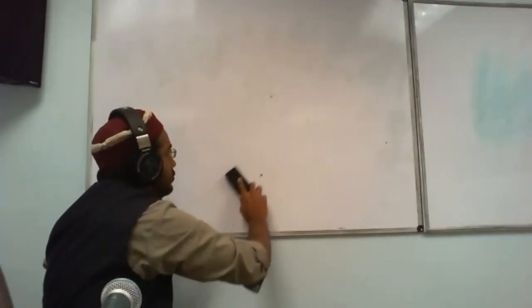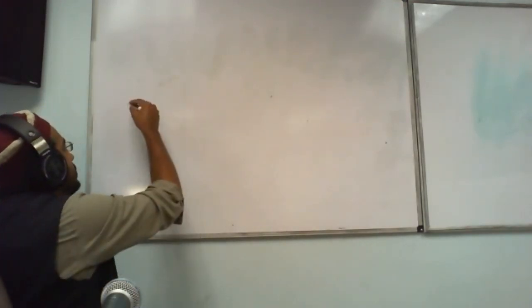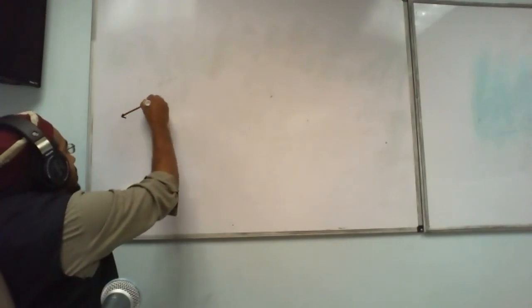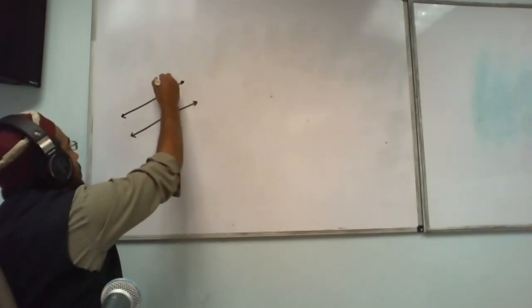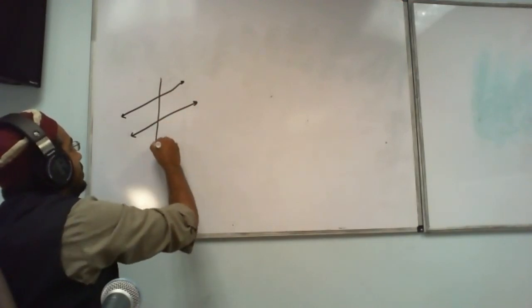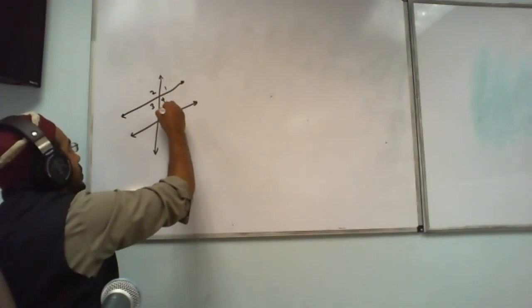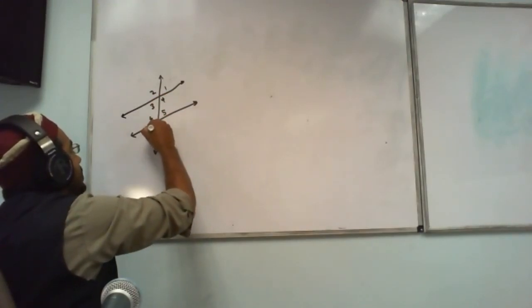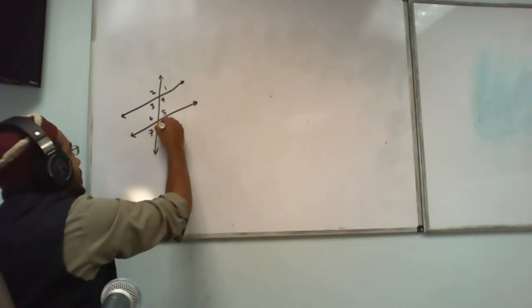Right, so I'm going to draw this one again over here on this side. So I have 2 sets of parallel lines, remember? And then I have this diagonal line that goes through it. 1, 2, 3, 4, 5, 6, 7, 8.